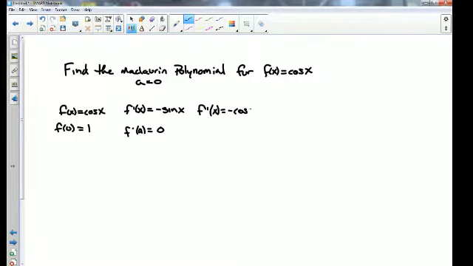The second derivative is negative cosine, -1, right? What's the third derivative? Sine. And again, so every odd term is not going to exist.